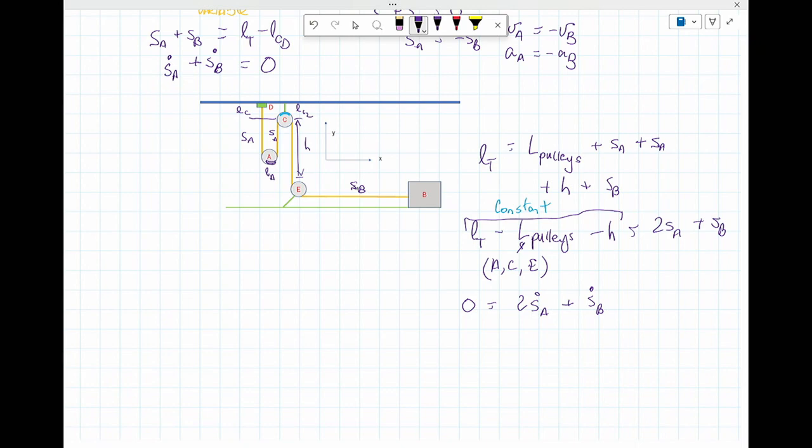And this ends up being that problem. You really want this to make sense, and every time you look at it mathematically, it just drives you batty. Okay, so 2 SA dot plus SB dot is really 2 SA dot equals minus SB dot.